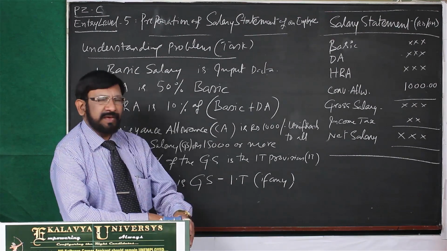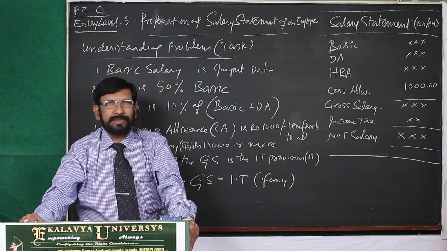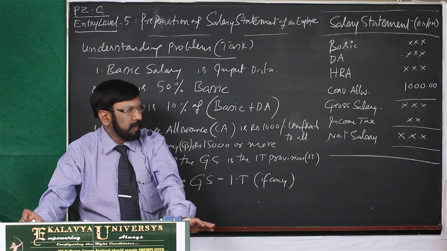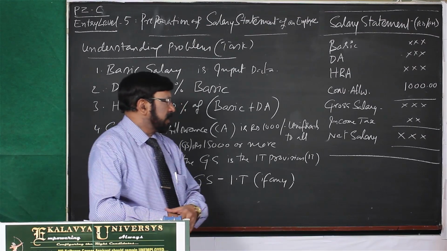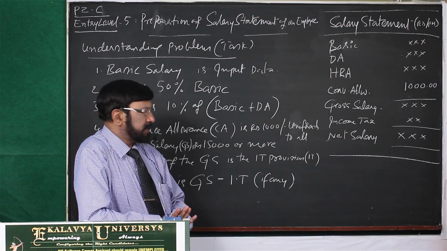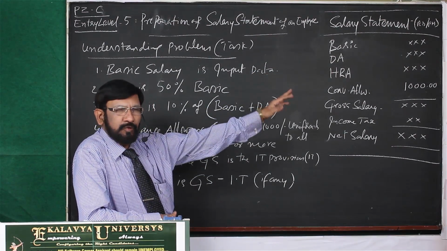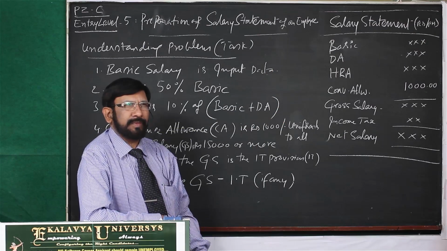Thereafter, from gross salary, we are deducting income tax if applicable, and after that, gross salary minus income tax, you can arrive at net salary. So, you have to print the output in this format.